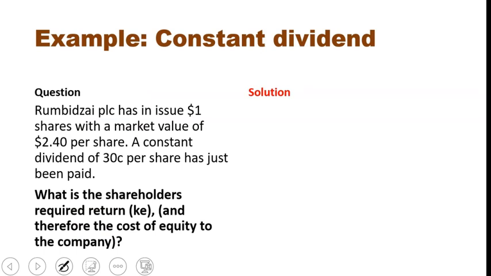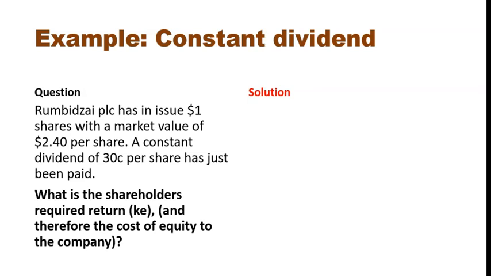Now, Rubizai PLC has in issue $1 shares with a market value of $2.40 per share. A constant dividend of 30% per share has just been paid.